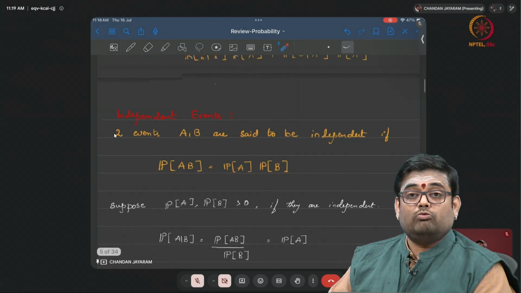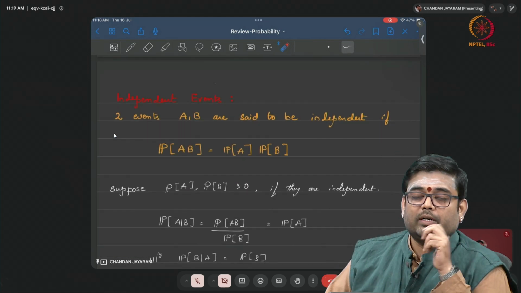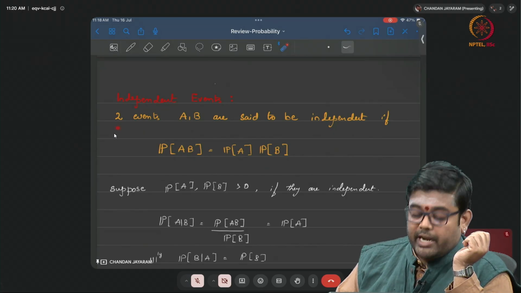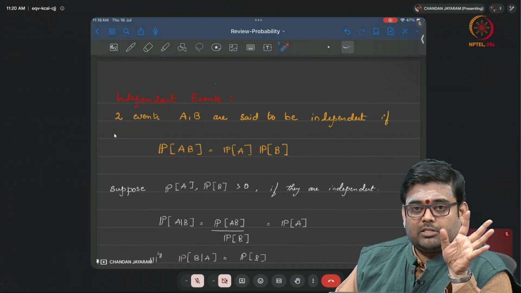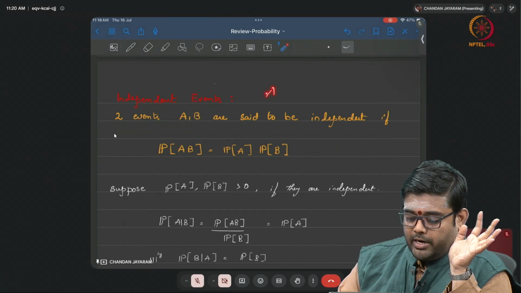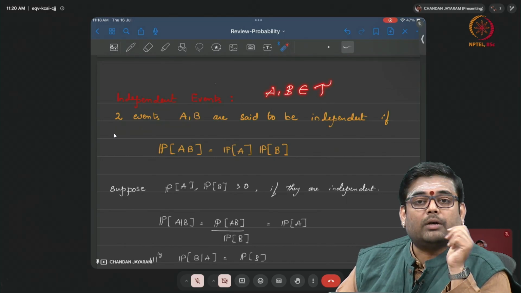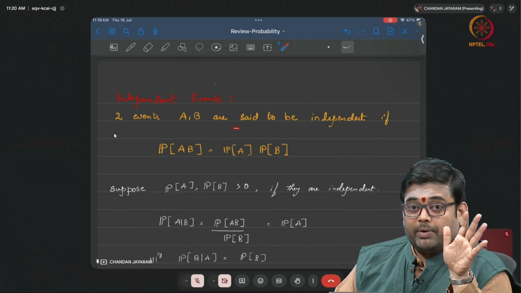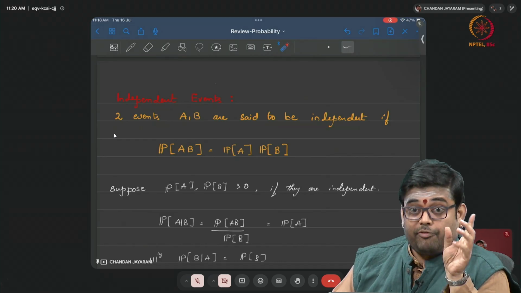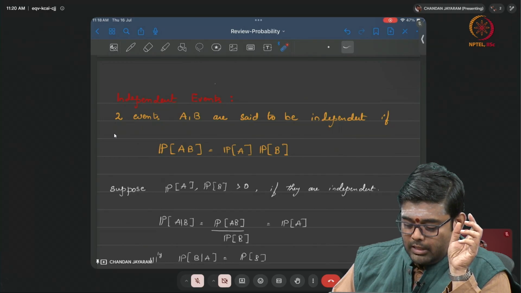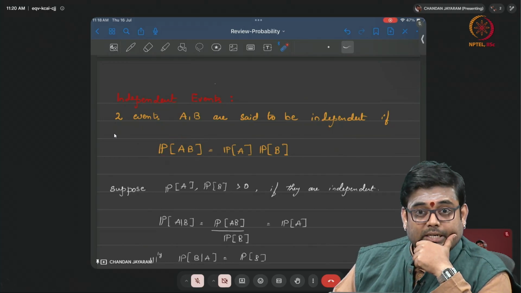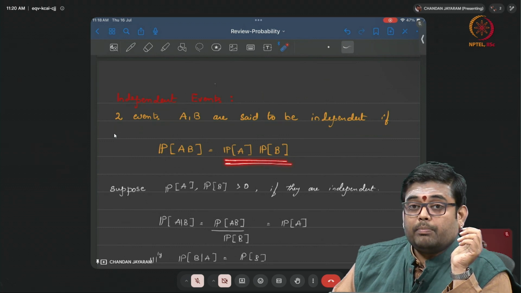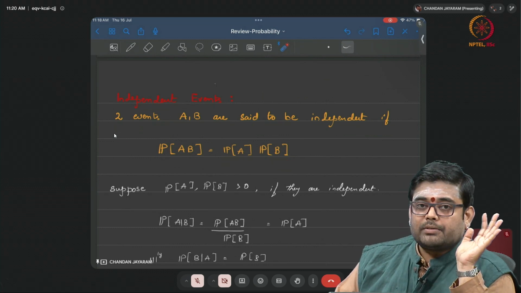So now coming to a very important notion, which is independent events. Now we have two events A and B. Whenever I say events, A and B should belong to the sigma-algebra F, that is taken into consideration. They are said to be independent if the probability of intersection of the events is the same as the product of individual probabilities.